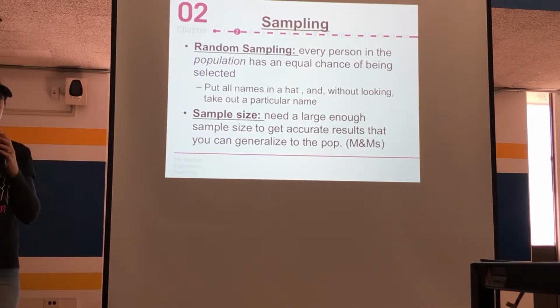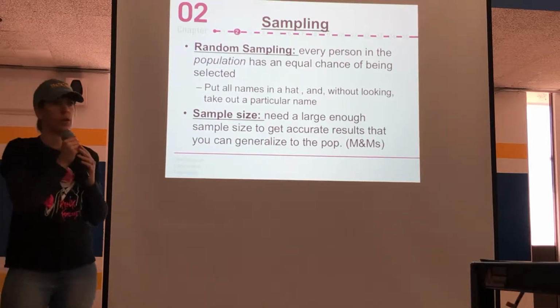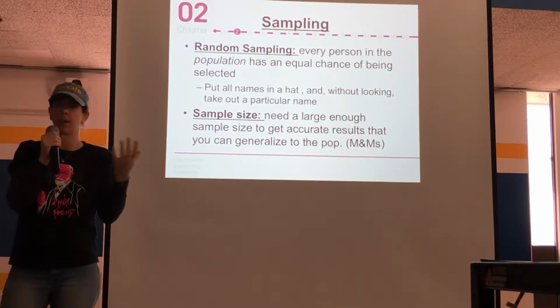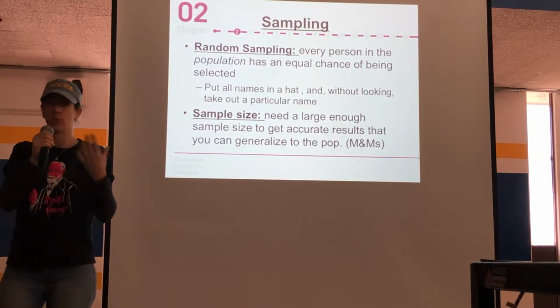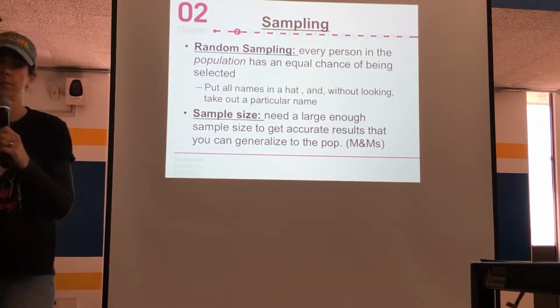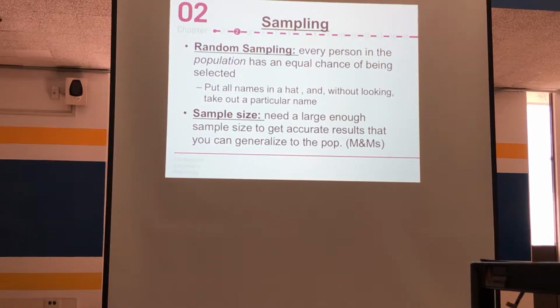You can't do a study on 5 people and say, this means this, because with 5 people, things could easily have gone wrong just by chance, and it's not going to give you an accurate measure. You need like 100 people or 1,000 people, depending on what it is. Good. And by population, do I mean the whole world population? No, the group of people you are interested in. Good.